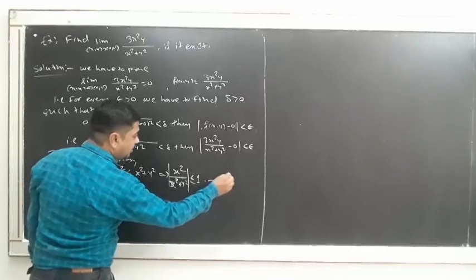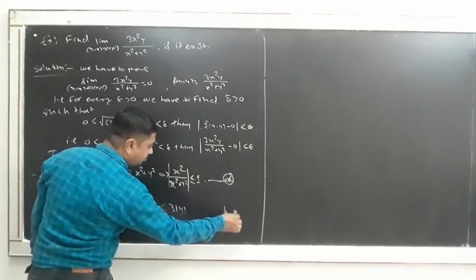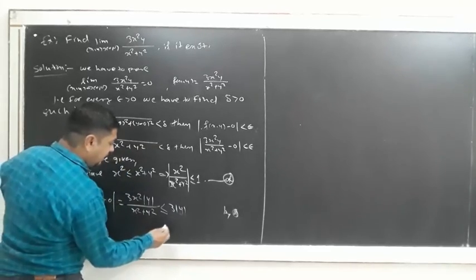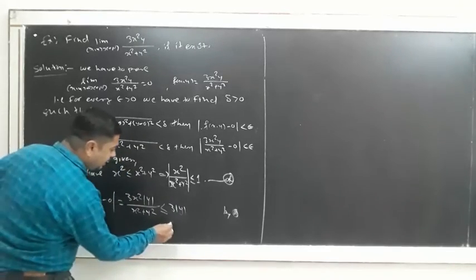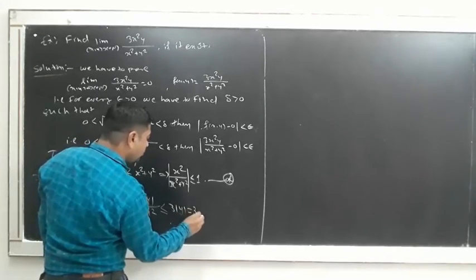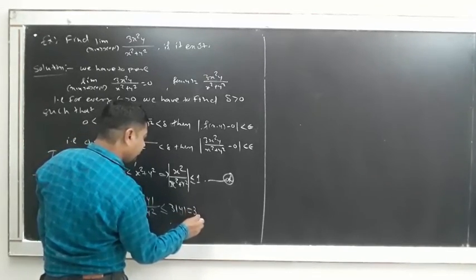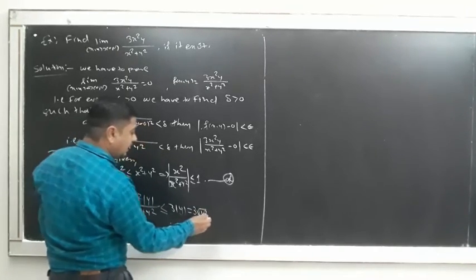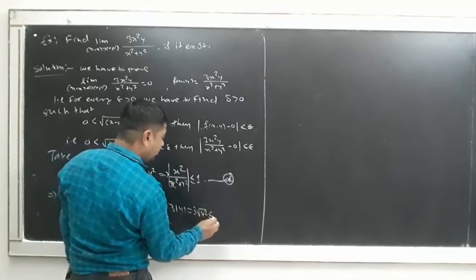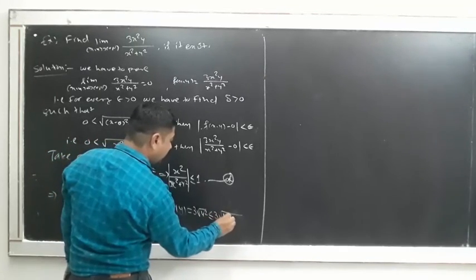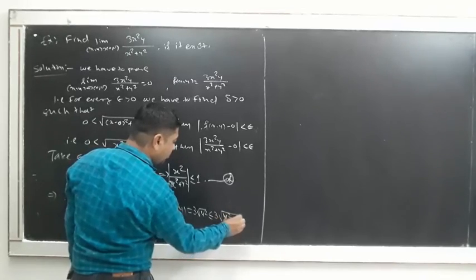Here we can call this star. And what can we write? This is equal to 3 into the square root of y square, and it is less than or equal to 3 into the square root of x square plus y square.